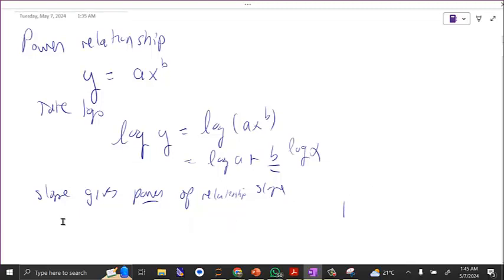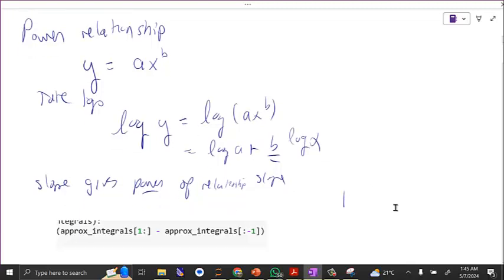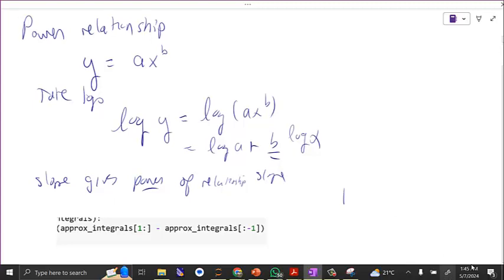Down here, right here. Let's see. For instance, if I just had approx integrals, if I just get some values here, it says 1.1, 1.7, 1.9, something like that.